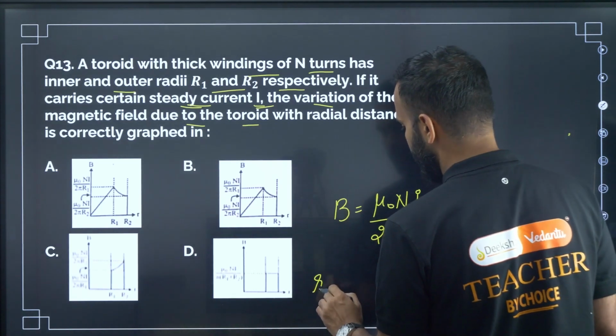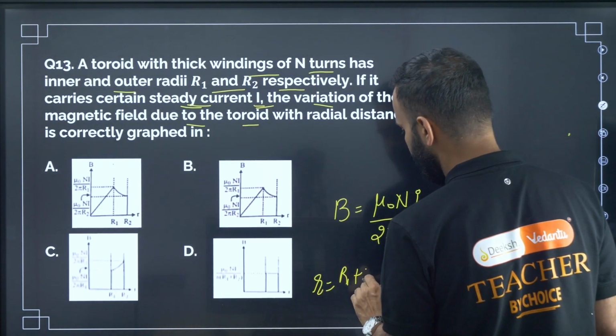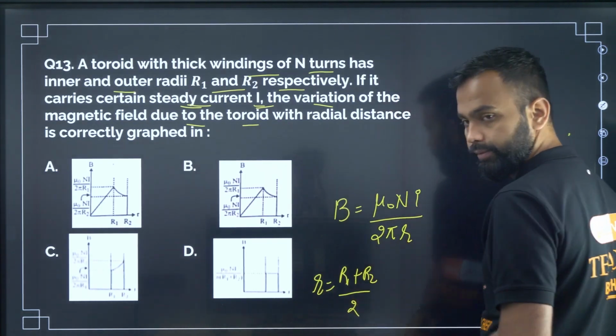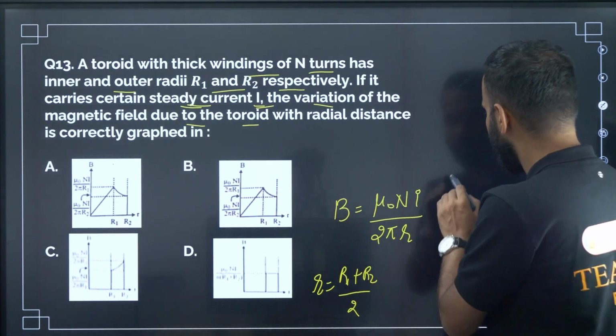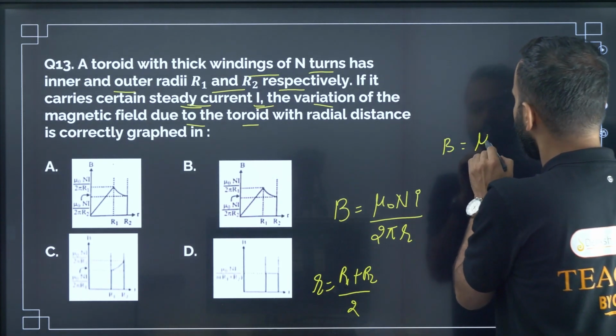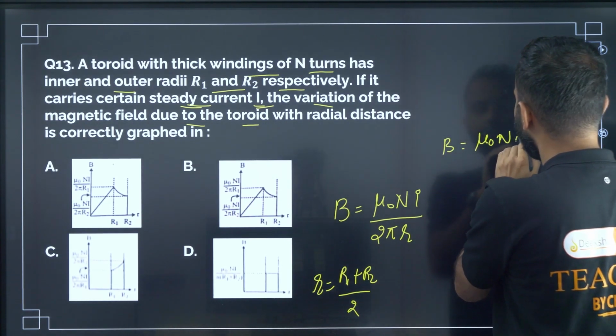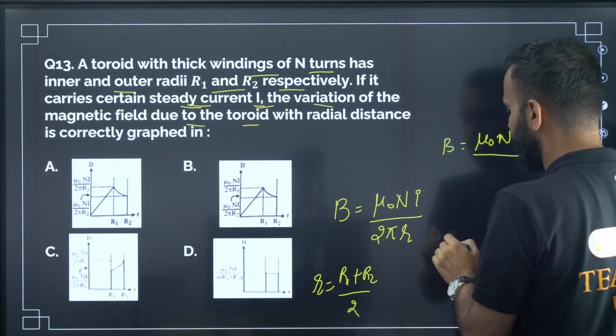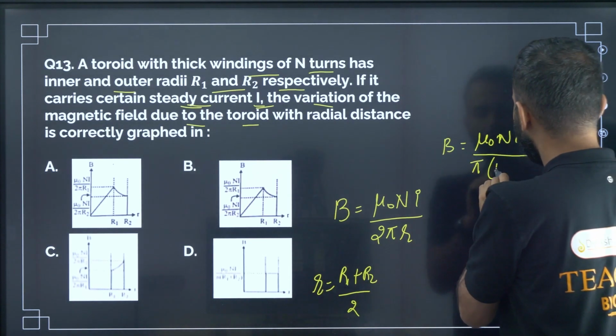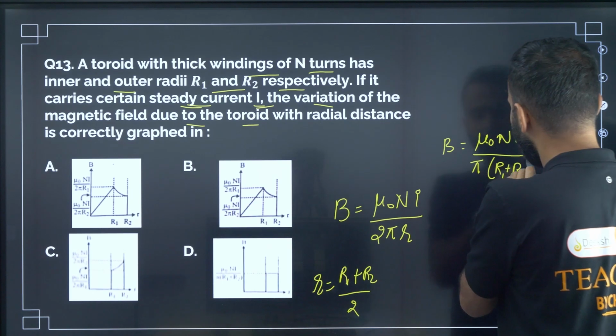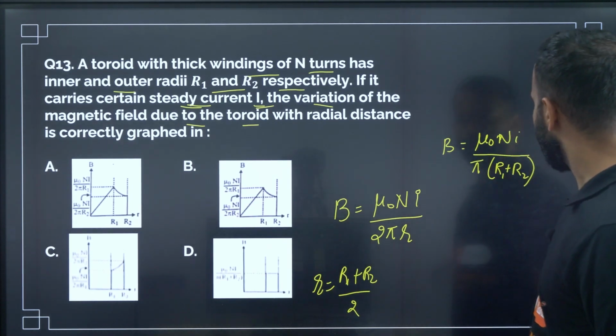So what is r? R is the average radius, R1 plus R2 divided by 2, right? So now substitute here. B equal to mu naught N into I divided by 2 will get cancelled, pi into R1 plus R2.